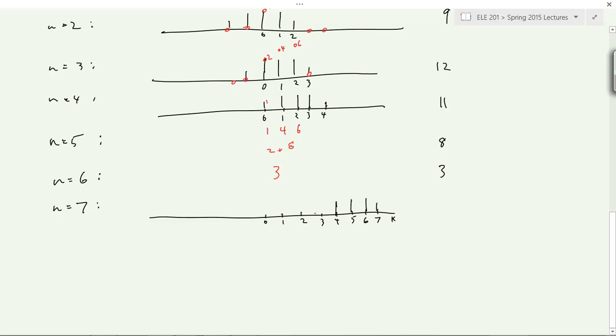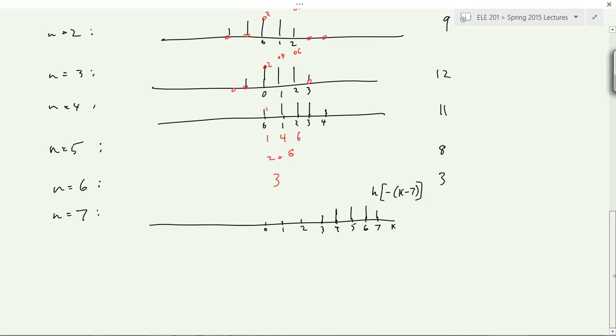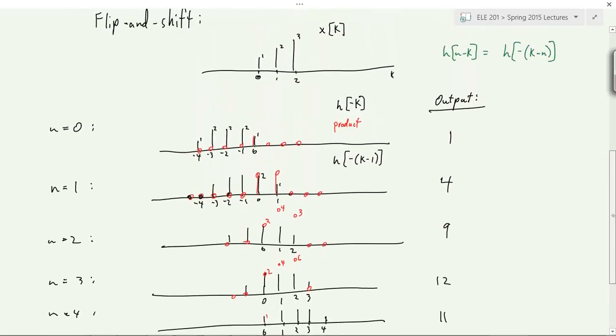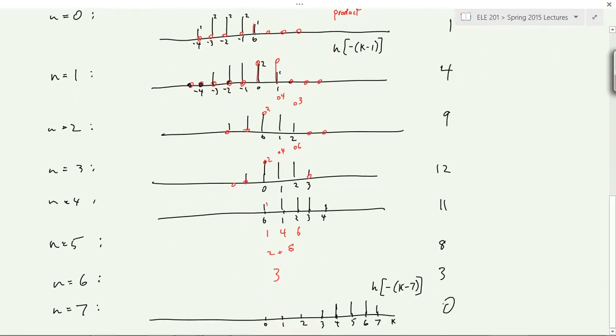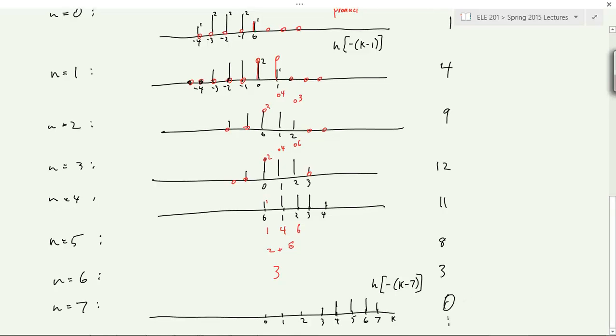So that is h of minus k minus 7. Okay, and notice that there's no overlap now with x of k, so the product is just 0. And it's 0 for the remainder. Anything greater than 7. You see this?